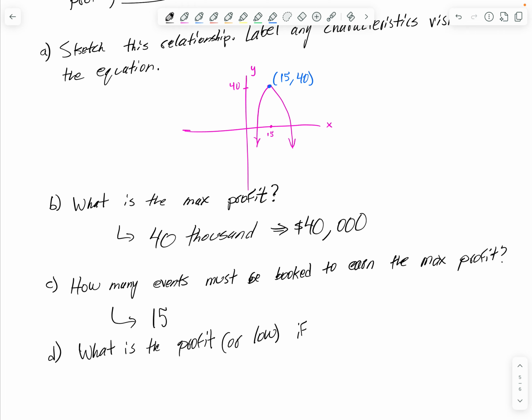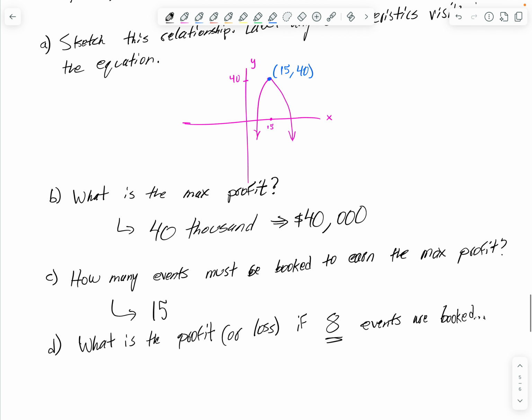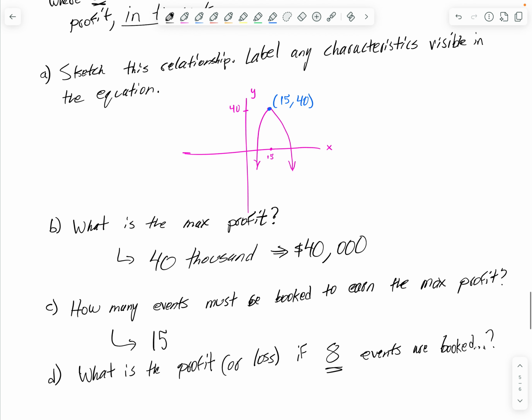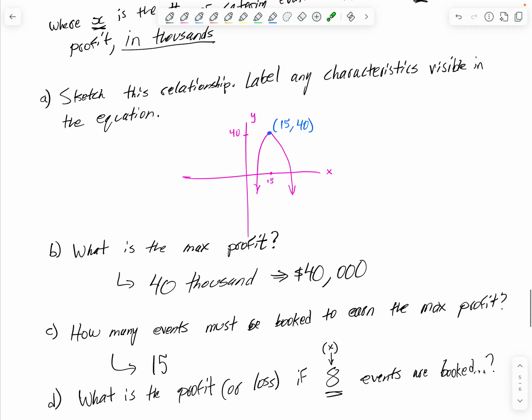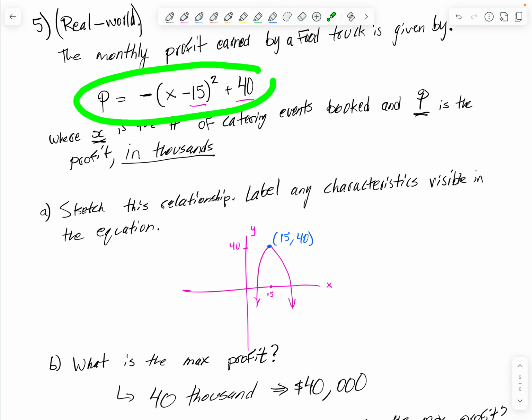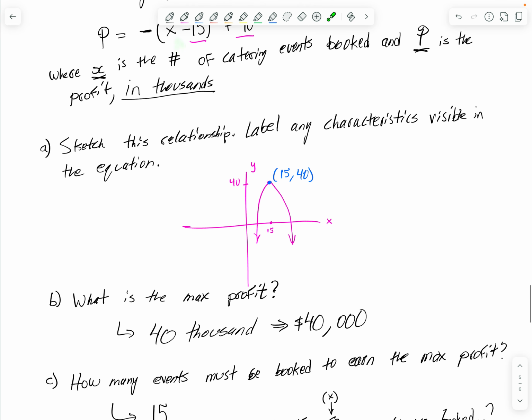We don't know if it's profit or loss, it could be negative as well. That's what that is talking about right there. Well, it literally gives me the x value, and I have my equation right here. So just plug that value into x, and then you'll get the profit.